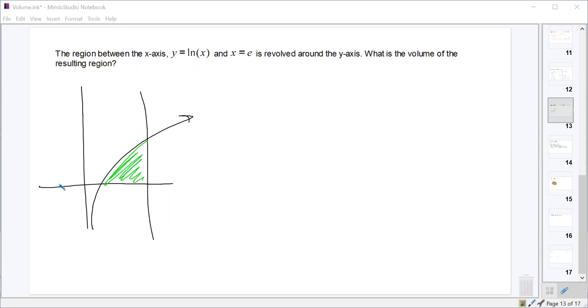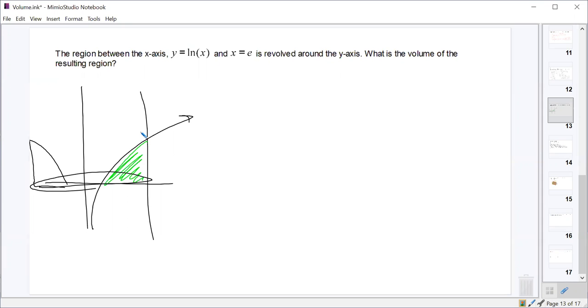So we're going to end up with sort of a washer type thing sitting over here, where we've got these weird little discs that we only get if we slice it horizontally, right?